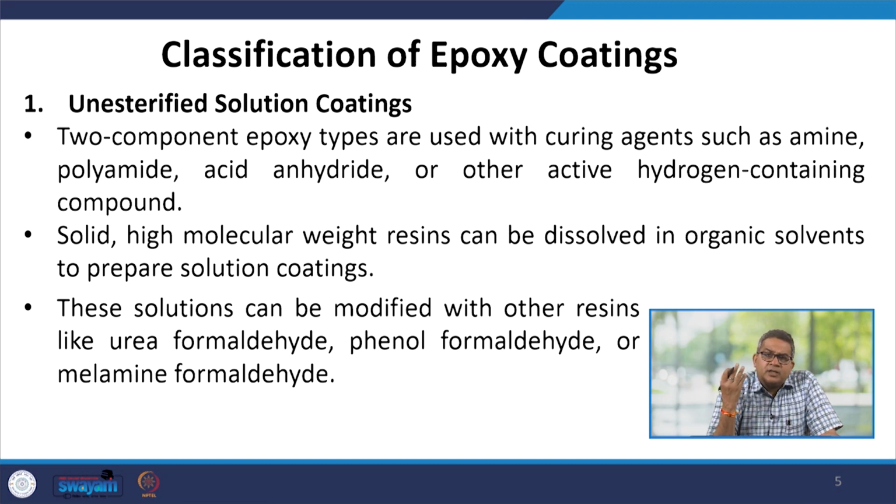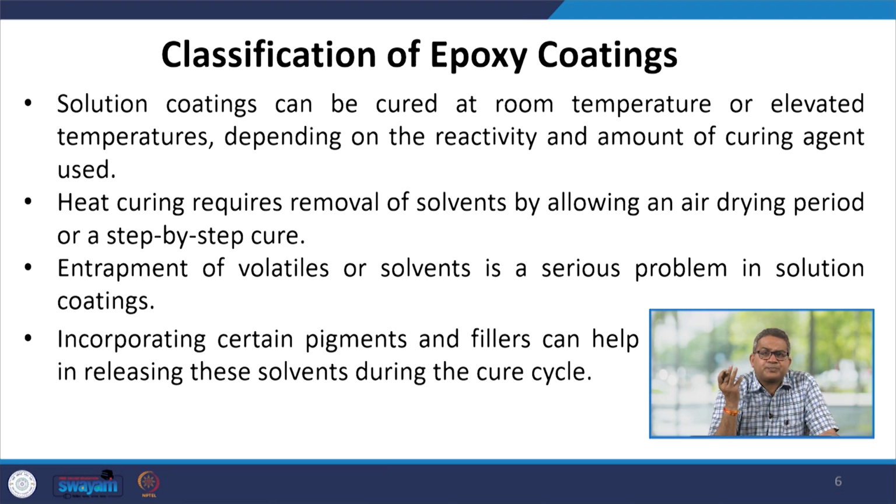One is electrical switches and all those things. Solution coating can be cured at room temperature or elevated temperature depending on the reactivity and amount of curing agent used. Heat curing requires removal of solvent by allowing an air drying period or a step-by-step cure.